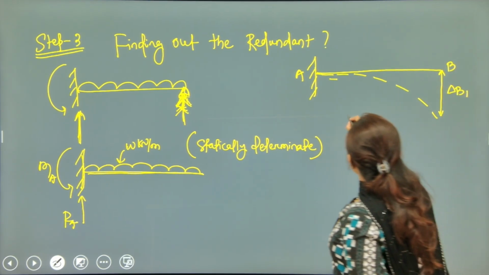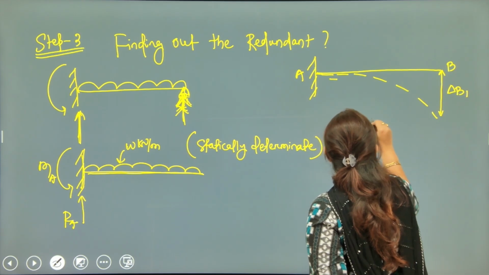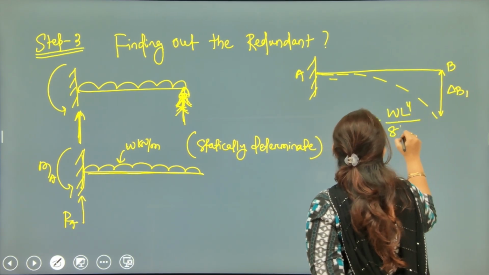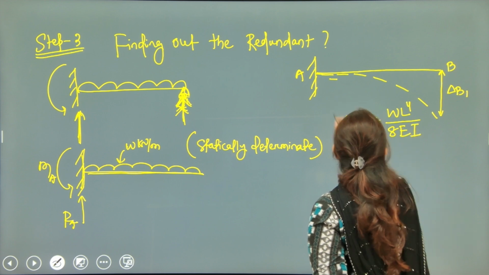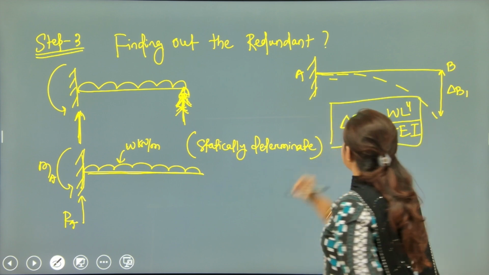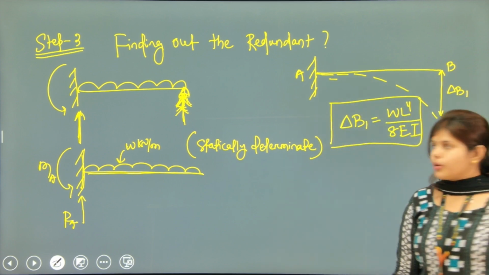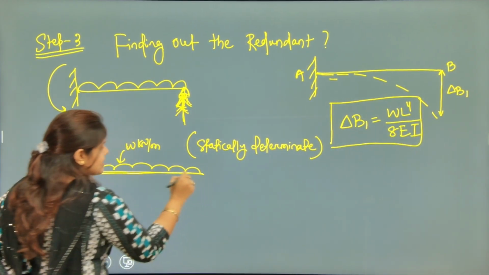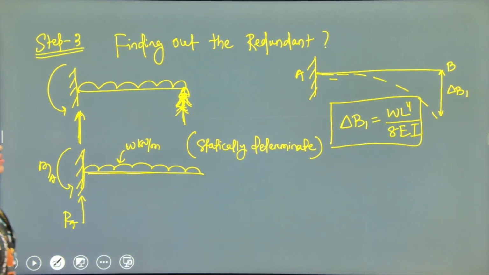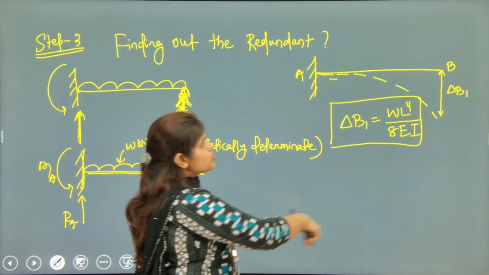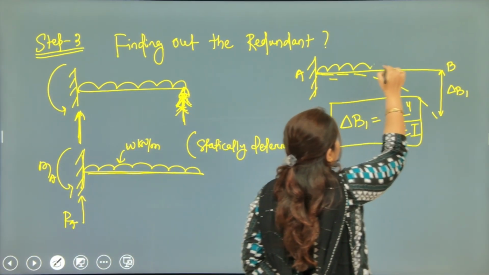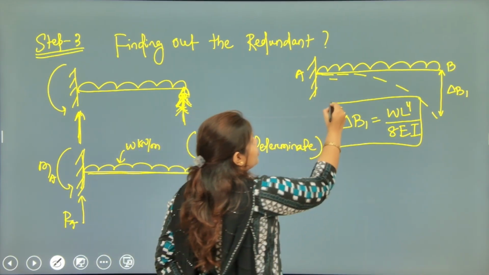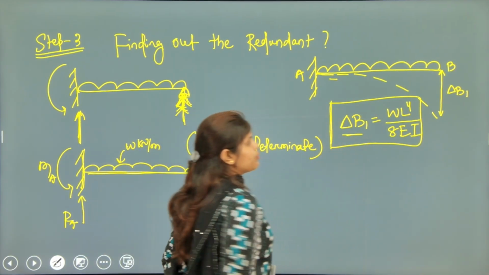This delta B1 will be WL to the power 4 divided by 8 EI. Make it a box. So after cancelling the redundant force and analyzing the structure with the external load, that is UDL, we have the deflection as delta B1.